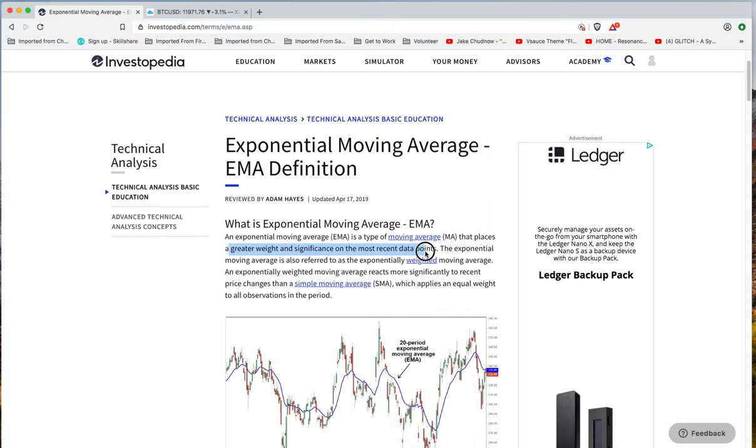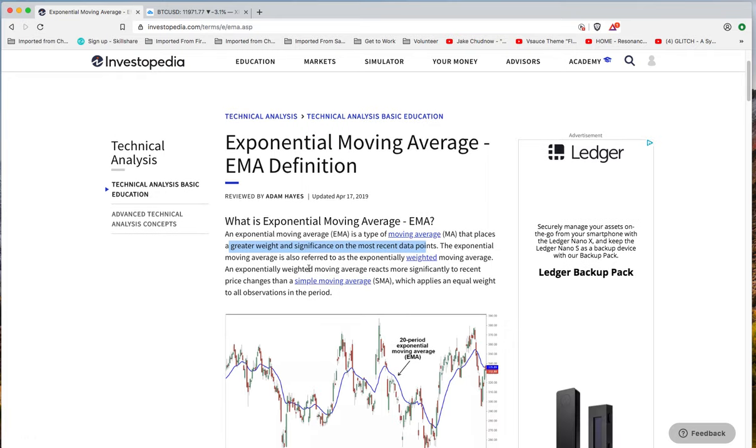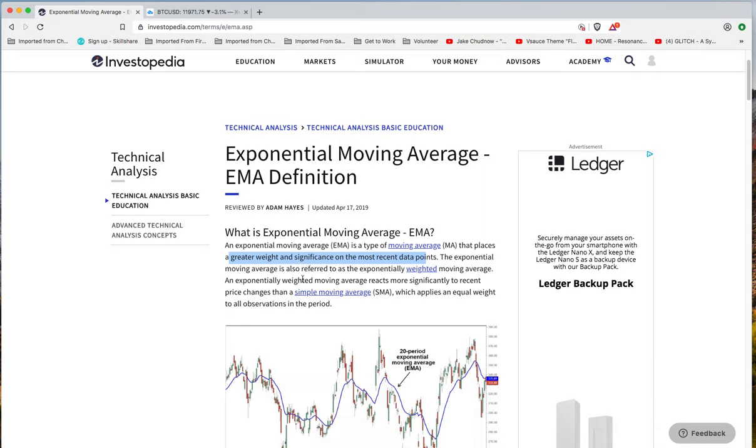the most recent data points based off of how many periods you've selected. So let's say you have a 21-day moving average on a one-day chart. That means each period, which is 1 day, is going to take the average of the past 21 days and weigh it, giving more significance to the most recent days than to the further back days.